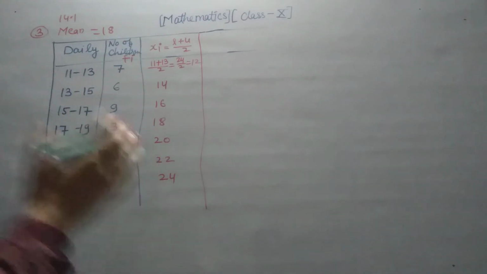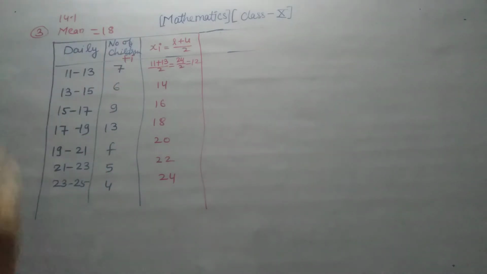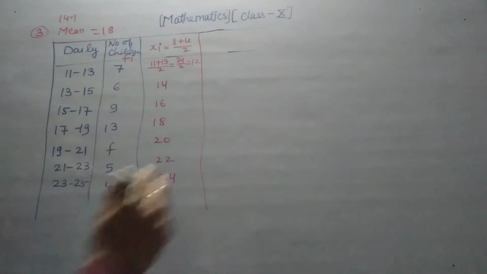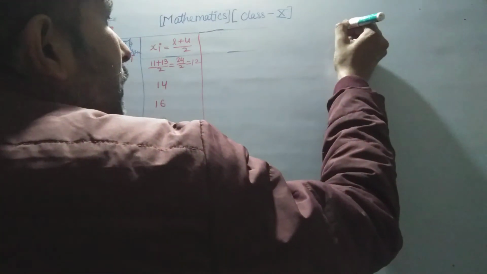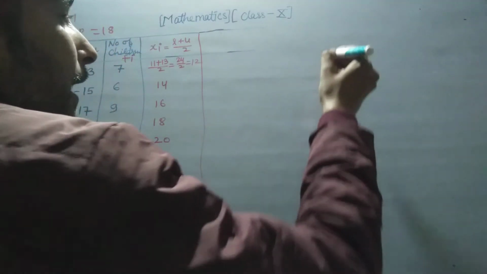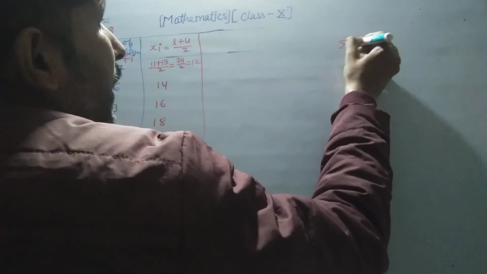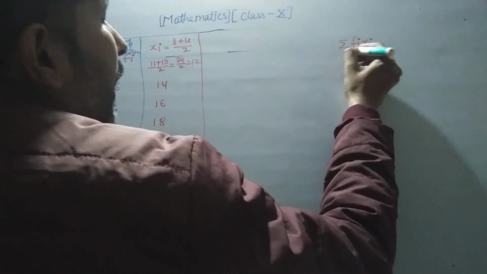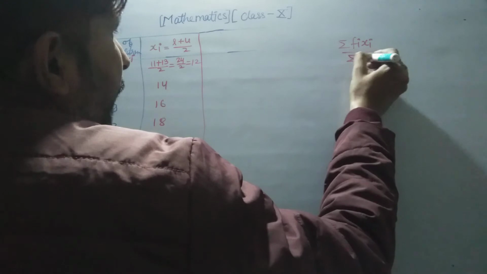Now you have all the class marks, and for finding the mean you use the direct method formula, summation fi xi upon summation fi.